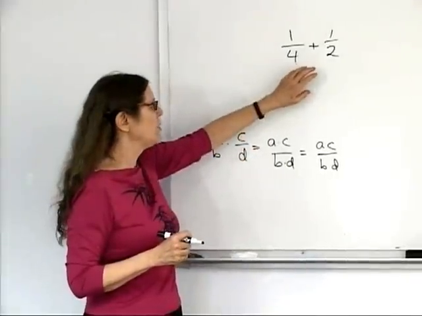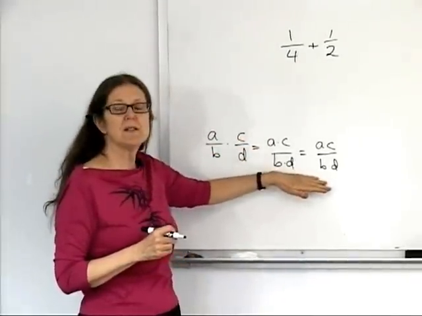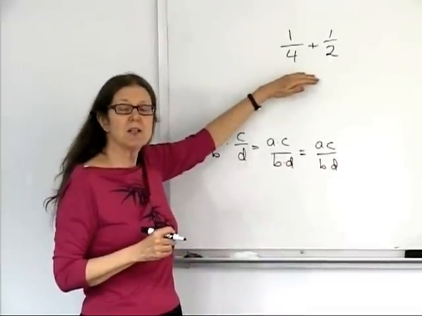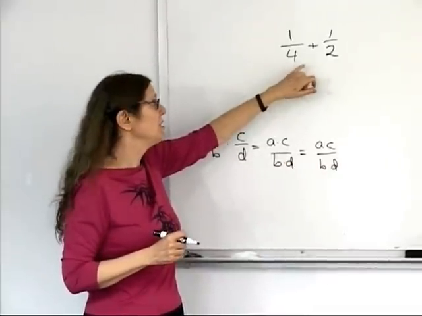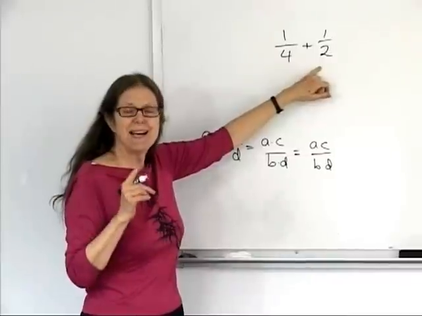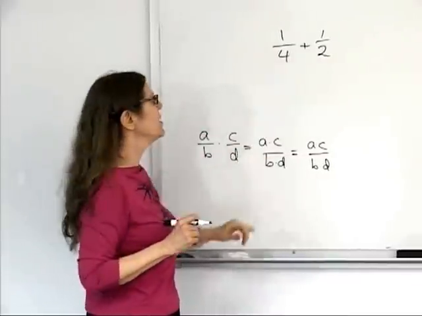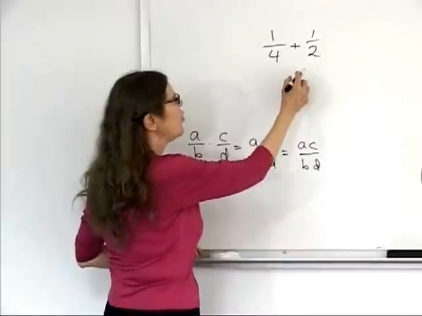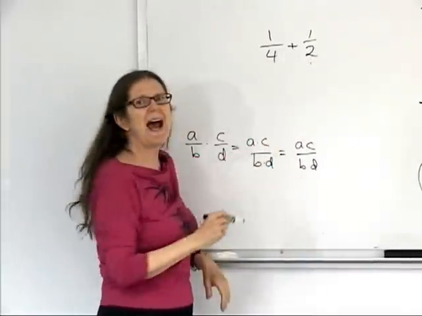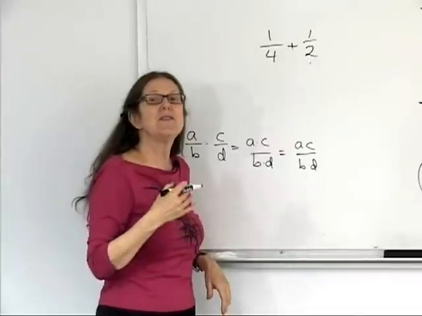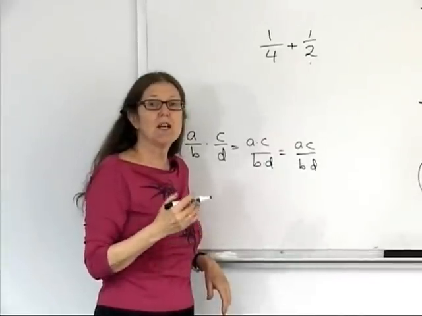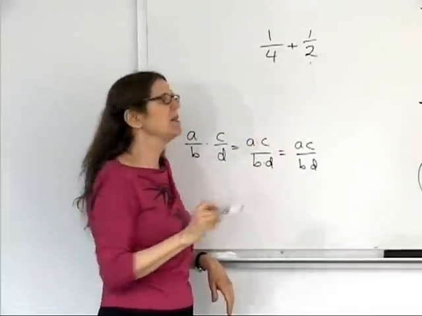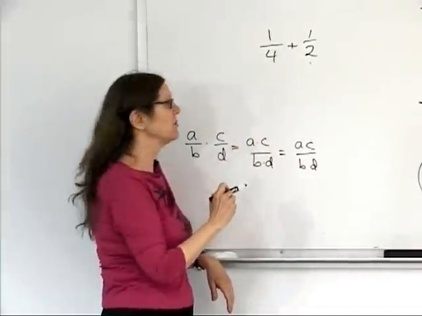So now we want to address how this rule can be used to help us compute this sum by getting a common denominator. So the way that we're going to do this is we're going to convert the 1/2 into another way of writing something that has the same value as a half, but has the same denominator as the other fraction.